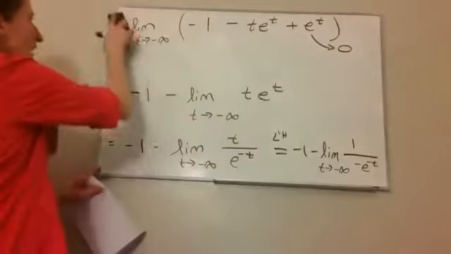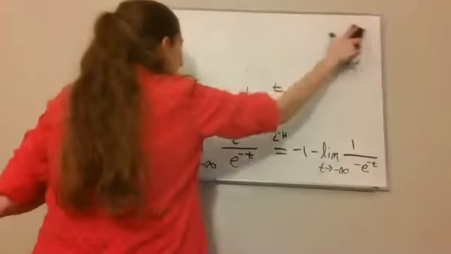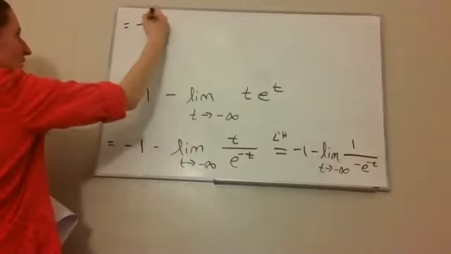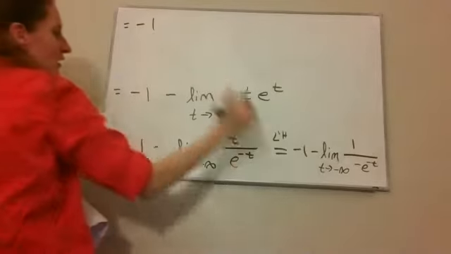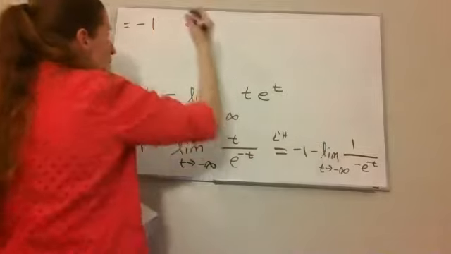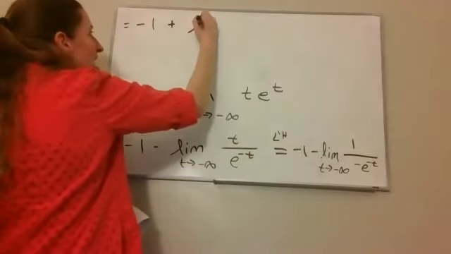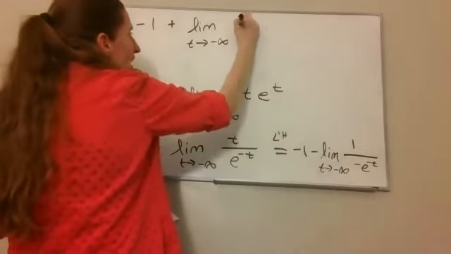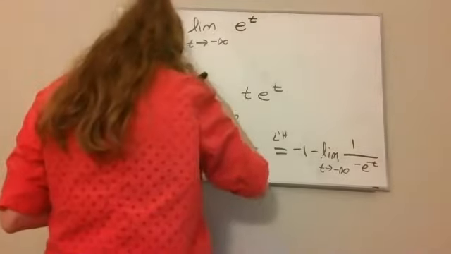And now let's rewrite that again, rewriting so I don't have a negative exponent. I'm going to have negative 1, pull this negative in front of the limit, so I get plus a limit as t goes to negative infinity of e to the t.